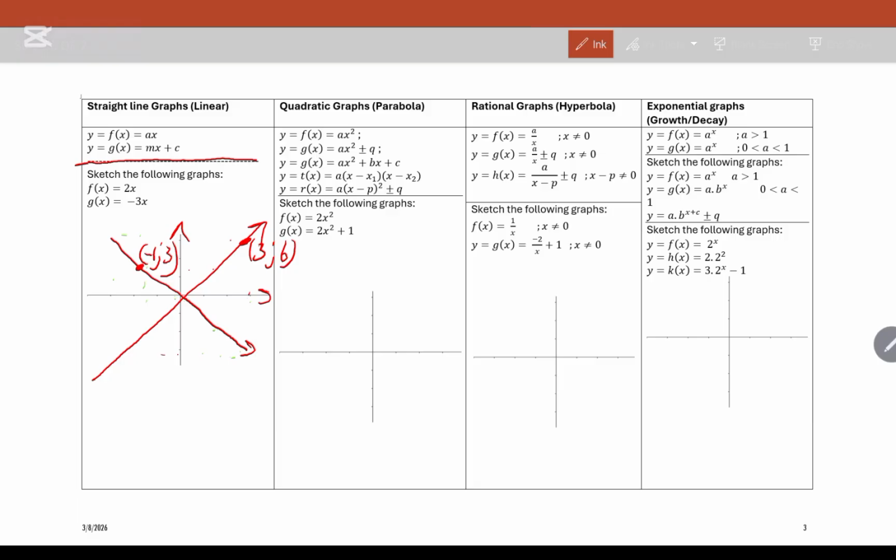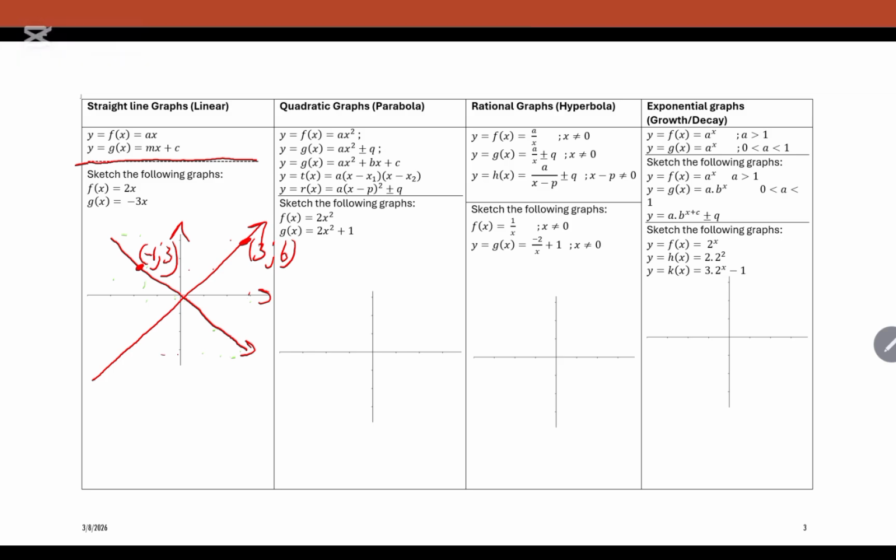When it is written in the format ax squared, I know that the turning point is (0; 0). Depending on the value of a, it is either a sad face or a smiley face.